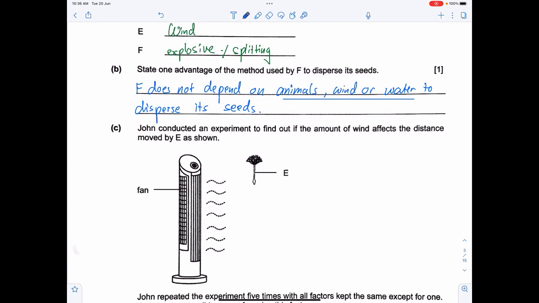John conducted an experiment to find if the amount of wind. In every single experimental type of question, it is always very good to identify your change variable and your measured variable. However, to my dismay, when I looked at your paper, I did not see this in many of your papers.